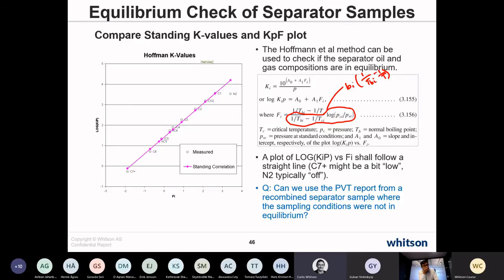We use the calculated recombination composition, but we don't try to predict the equilibrium gas and oil compositions that were in the sample bottles, because they weren't in equilibrium. So we don't use that data in the EOS tuning, the K values from the separator samples. Otherwise, if things are consistent like this, you can actually use those separator K values in the EOS tuning together with the reservoir PVT data.